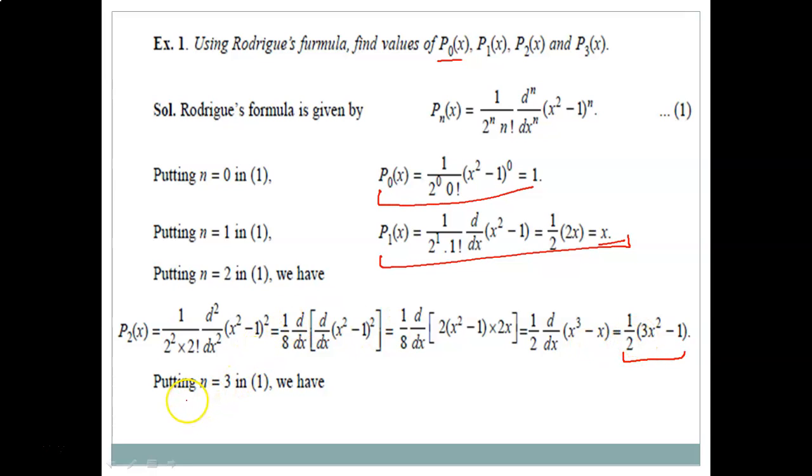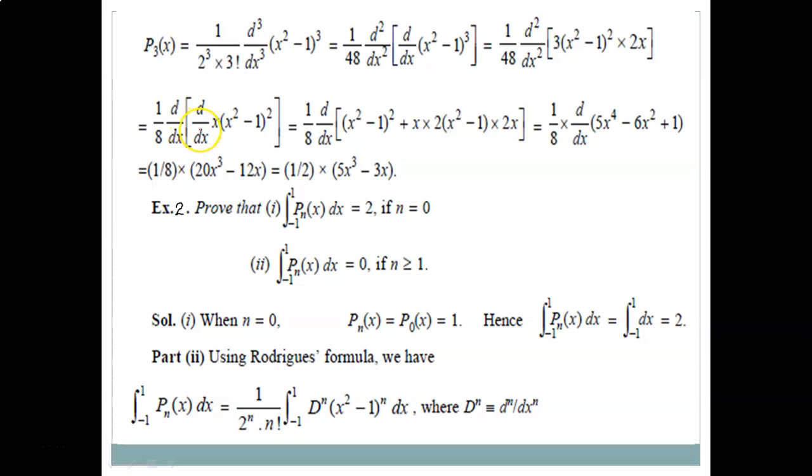Similarly, when we substitute n equal to 3 in equation 1, we can obtain P3(x), which comes out to be 1 by 2 into (5x cube minus 3x). So this was one exercise based on the Rodrigues formula.